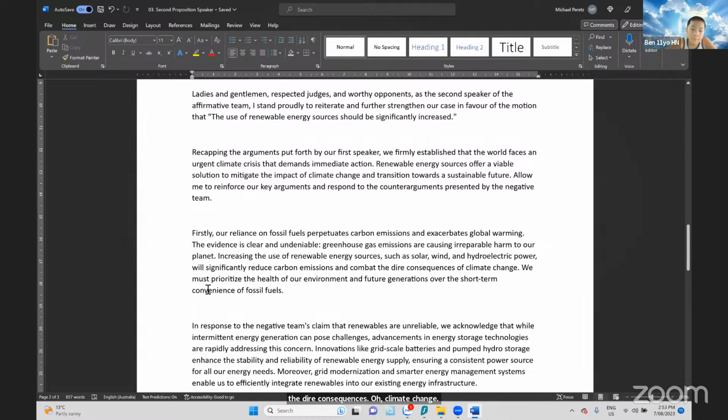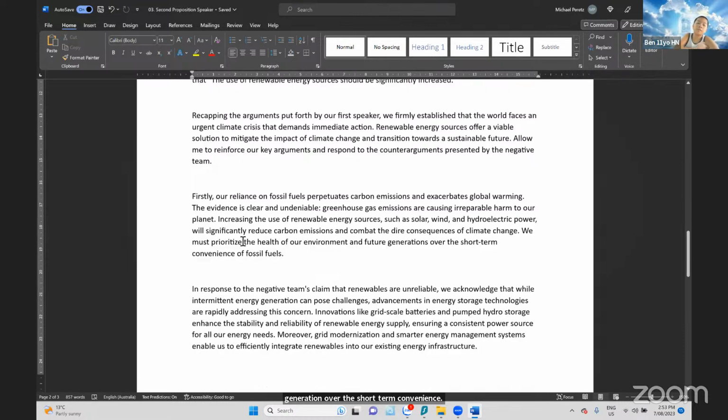We must prioritize the health of our environment and future generations over the short-term convenience of fossil fuels.